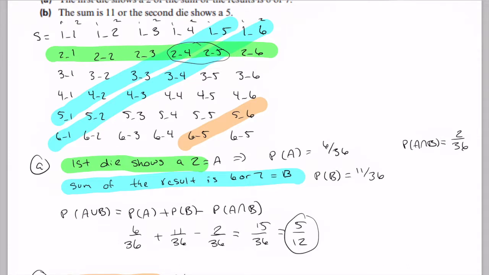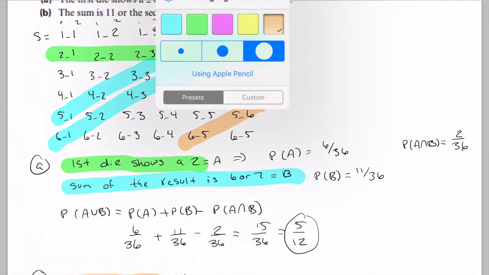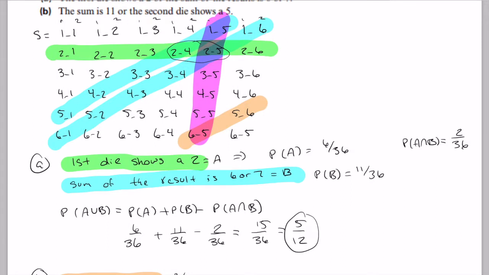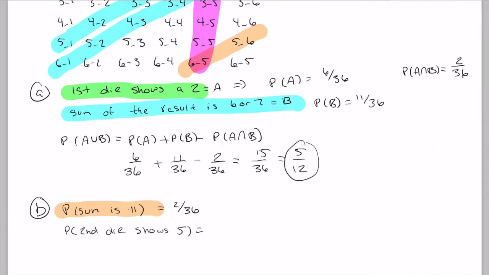And the second die shows a 5. So P(second die shows 5) equals, let's get another highlighter, and that's going to give me all of these. So that's 1, 2, 3, 4, 5, 6 out of 36.